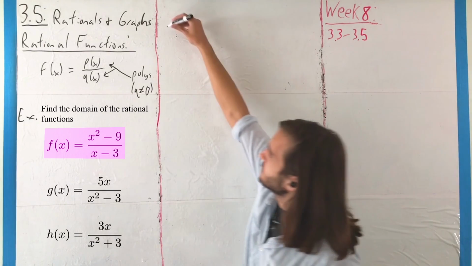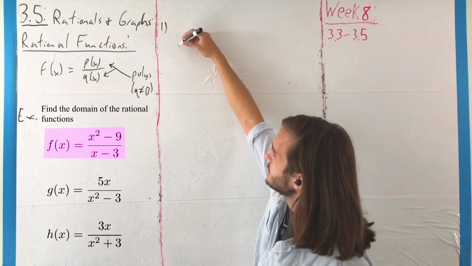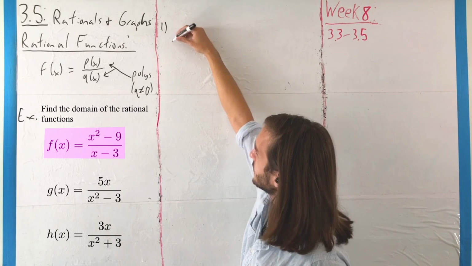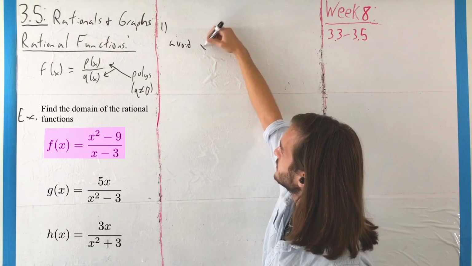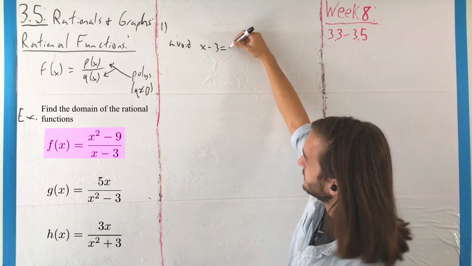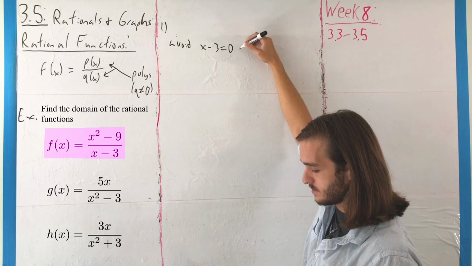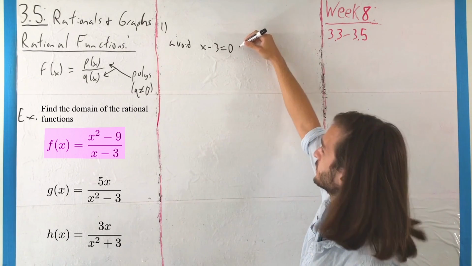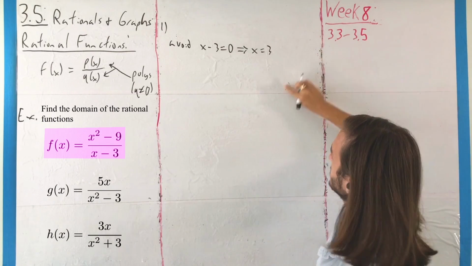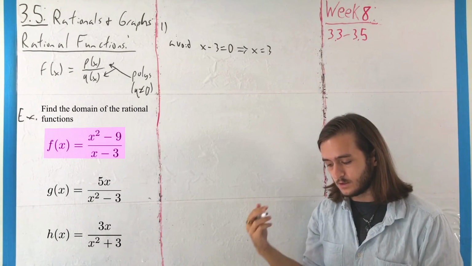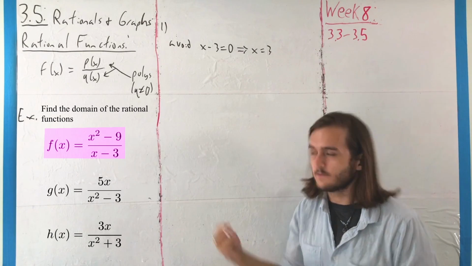And in that first case, that means what we want to avoid is x minus 3, the denominator, equals 0, or in other words, x equals 3.